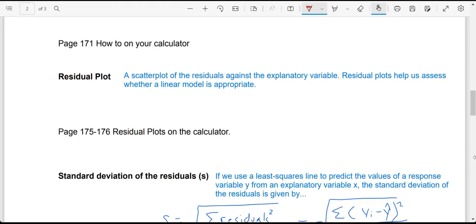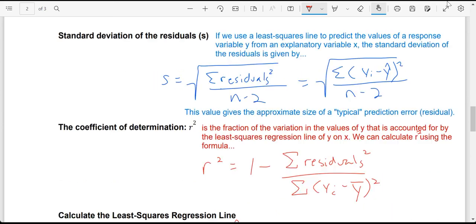We also have the residual plot. Definitions there. Basically, it helps us see whether the linear model that we're given is a fair one, really, if it's an accurate one. How to do this on a calculator is on page 176. I recommend you take a look at that.